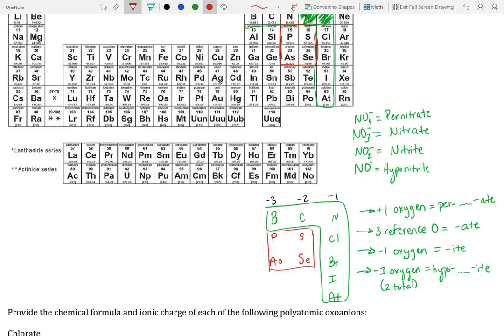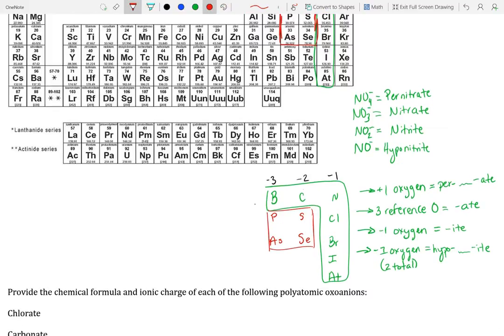The difference between phosphorus, sulfur, arsenic, and selenium from the rest of the rule of 7 is that they have 4 reference oxygens. These guys had 3 reference oxygens. This box has 4 reference oxygens. And when you see 4 reference oxygens, guess what you're going to have? Suffix ate. It stays the same.